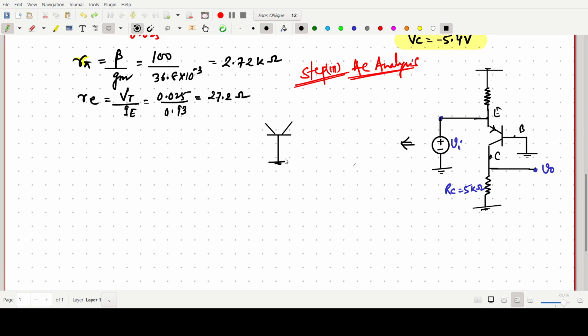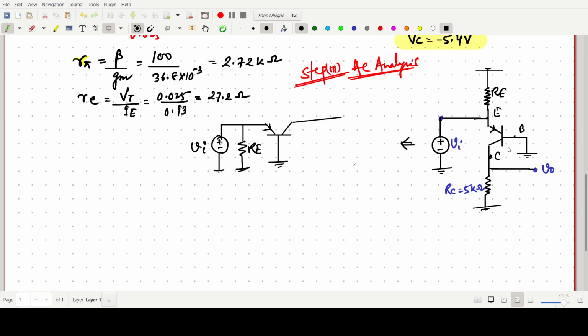From this emitter side, this RE will be there, and this will be the voltage.